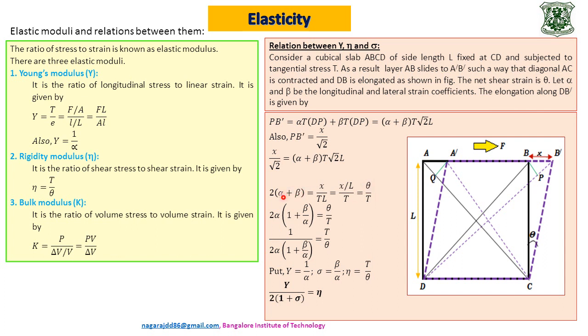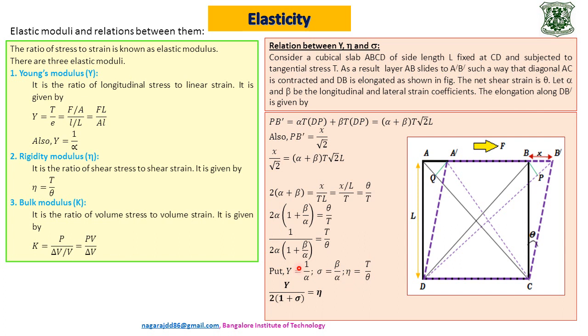Next, take alpha common factor. So it is 2 into alpha, 1 plus beta by alpha, that is equal to theta by T. Next, take reciprocal both the sides. So we have this result. Now make substitutions. 1 by alpha is Y, beta by alpha is sigma, T by theta is eta.